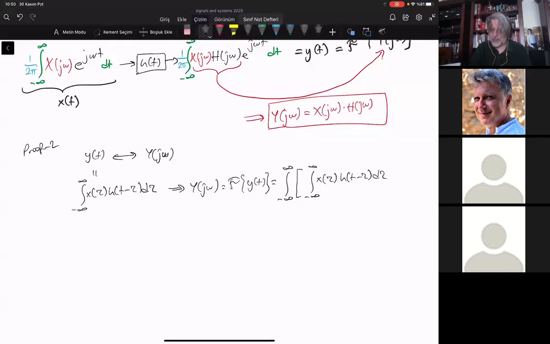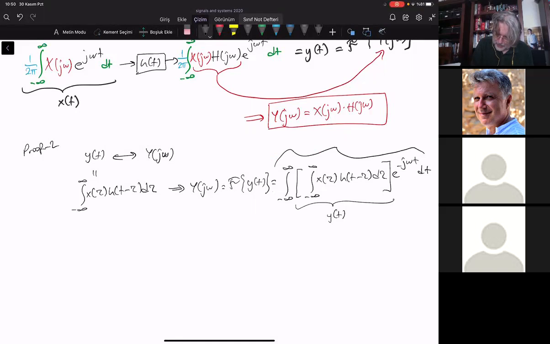This is y of t. And then I take the Fourier transform times e to the minus j omega t dt. This is the convolution. This is y of t. And the whole thing is the Fourier transform. Okay.